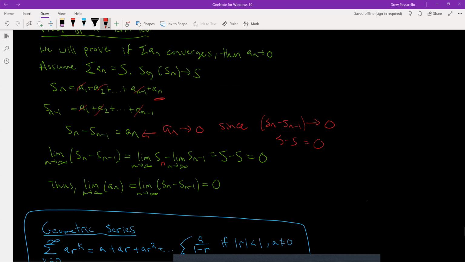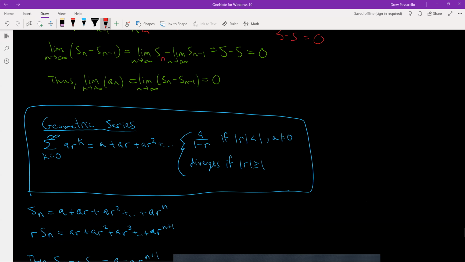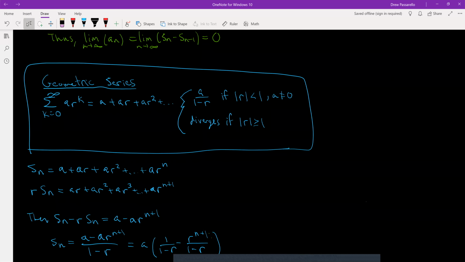A geometric series is a particular type of series of the form sum from k equals 0 to infinity. So here with the geometric series, we start with index 0, and it's a times r to the k, where a is some real number, and it's equal to a plus ar plus ar squared plus dot dot dot.